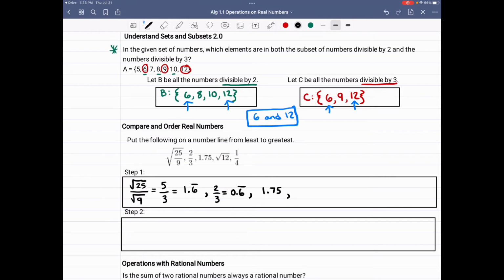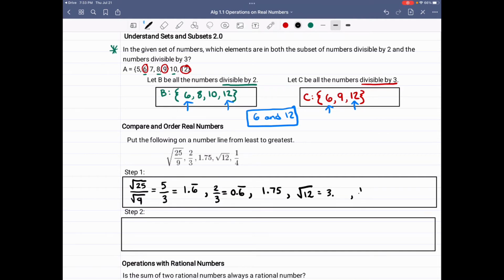The square root of 12, we would have to put that in the calculator. And that is going to be 3 point something. Bear with me, I don't have my calculator on me at the moment.